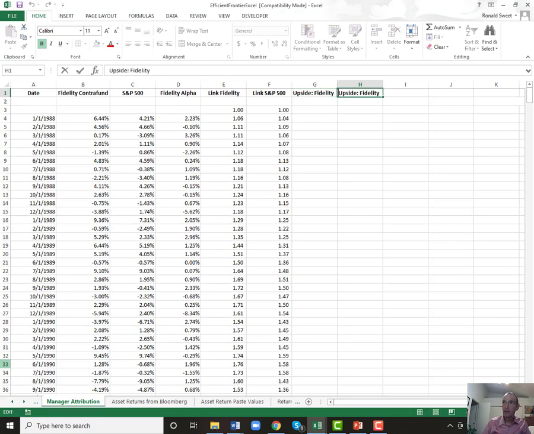We'll do the downside for Fidelity. Or, well, actually, I'm going to change that. We're going to do the upside for the S&P 500. Then we'll do the downside for Fidelity or whatever manager you're using, and the downside for the S&P 500. All right, so we want those columns set up.